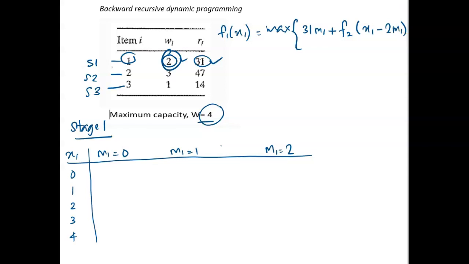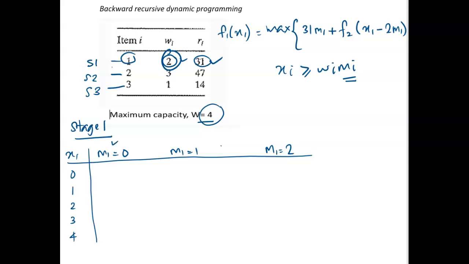Then we look at the infeasible area. How to check? Use x1 should be greater than or equal to the weight times the number of units. If let's say m1 equals 0, this one is no problem.